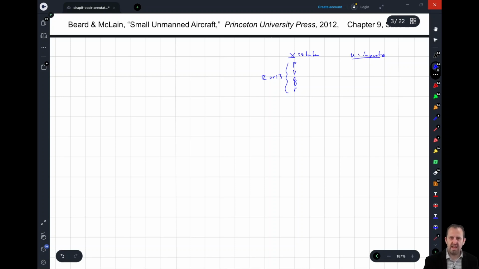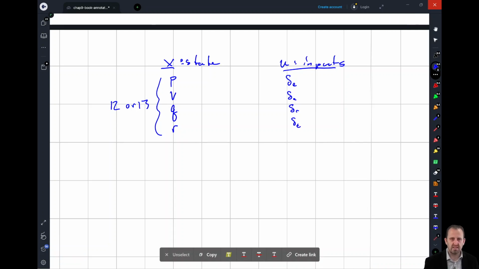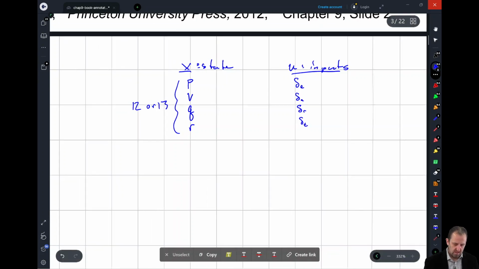Now again, the state is something that we don't directly control. We indirectly choose the state by looking at our inputs. So in our inputs, we had our elevator, our aileron, our rudder, and our thrust. So these were the inputs. These are the things we actually got to choose. Right?